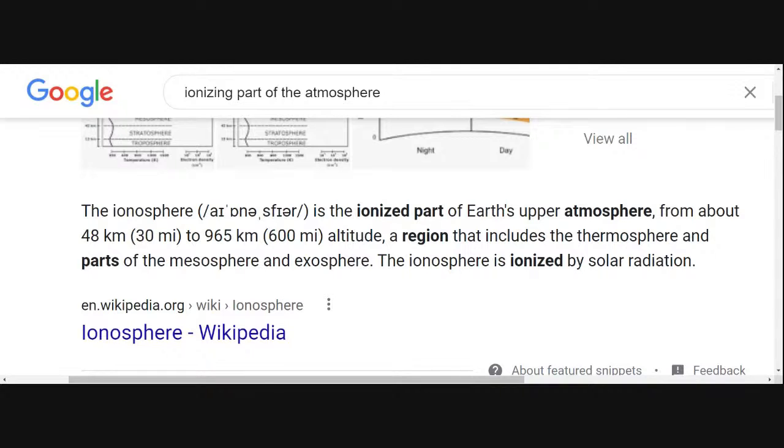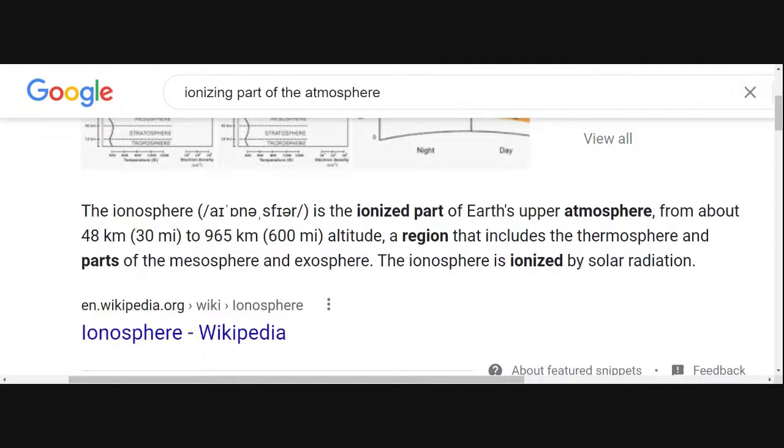Now, understand what's going on here. The ionosphere, the part where all the ionization takes place, is the part of space that is above the moon, which is still in Earth's atmosphere. So they let you know the moon and all that type of stuff is in our atmosphere, and it's no more than 30 miles to 600 miles away.